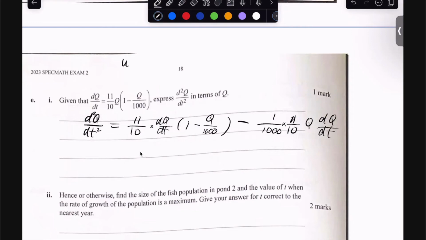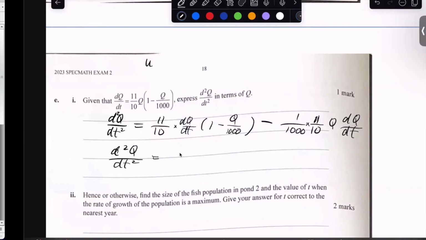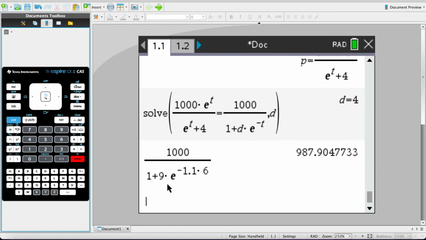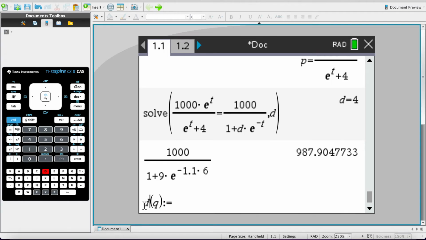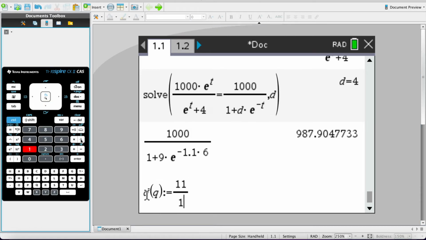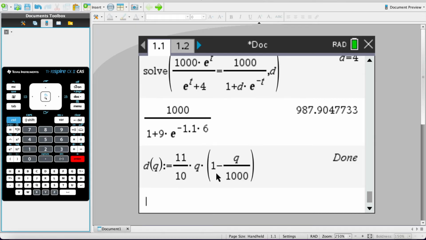So what you can do is now just go on the CAS and sub in dQ over dt and all of that and get it in a simple form. So I'll define f of Q as, this is what I'm saying is dQ over dt. Or you can say d of Q to make it easier. So derivative of Q. Now that's 11 on 10 Q times 1 minus Q on 1000. Right, so that's your derivative.